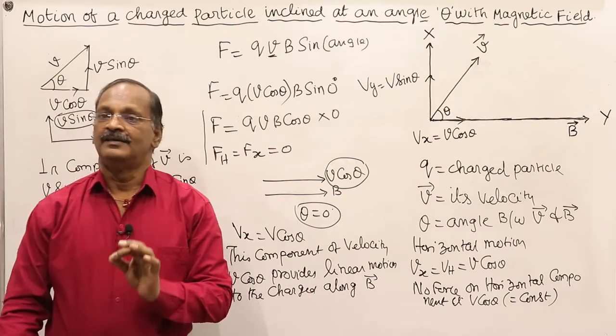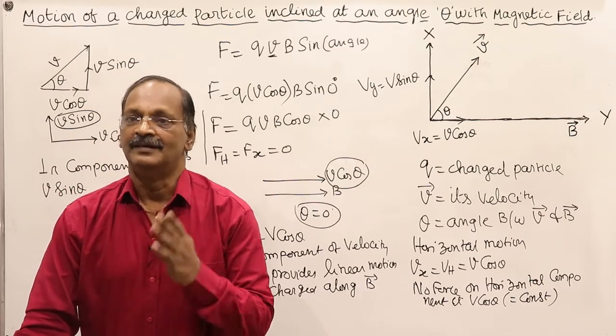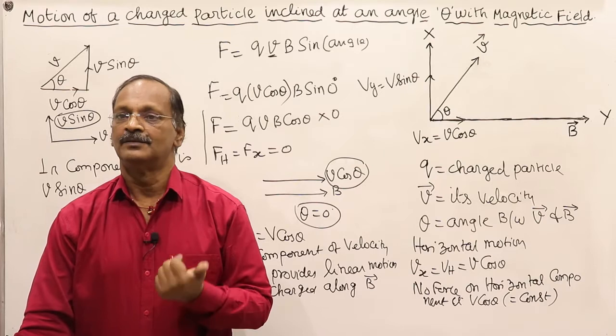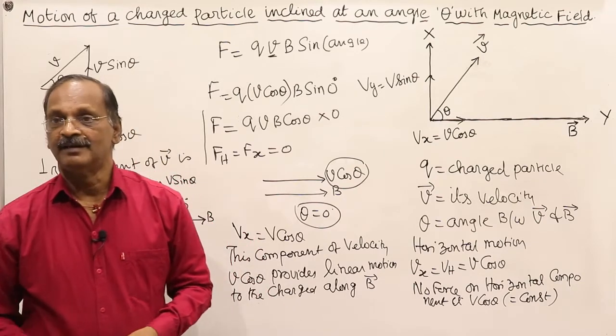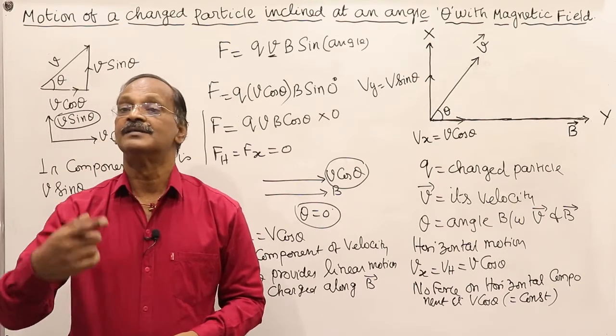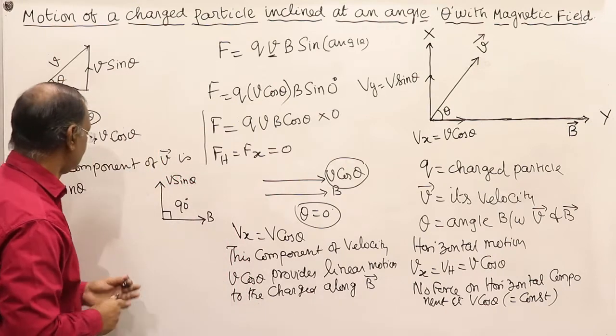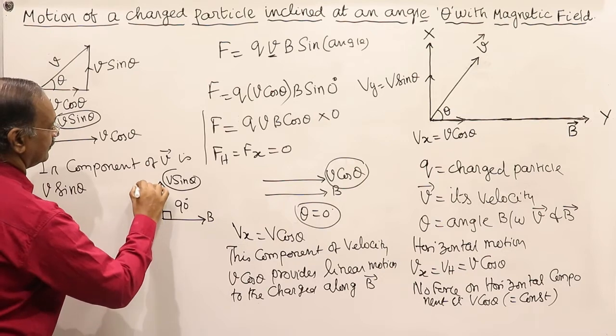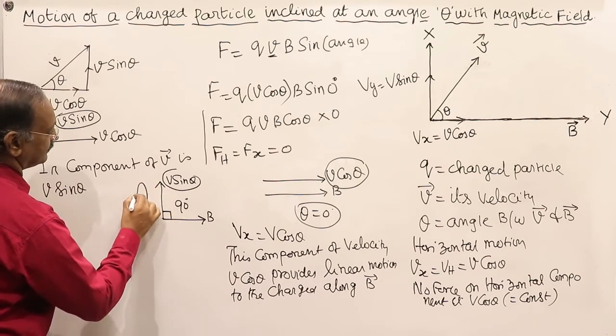So, we have already seen that when the particle moves with a velocity in a direction perpendicular to the magnetic field, it undergoes circular motion. It means this component, v sin theta, makes the particle move in circular motion.